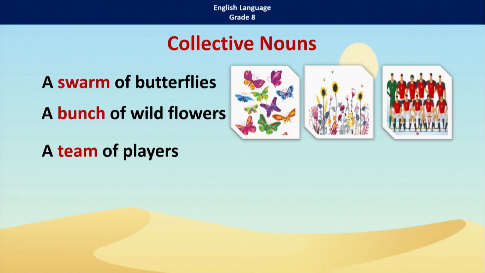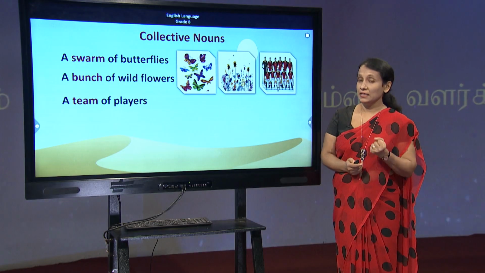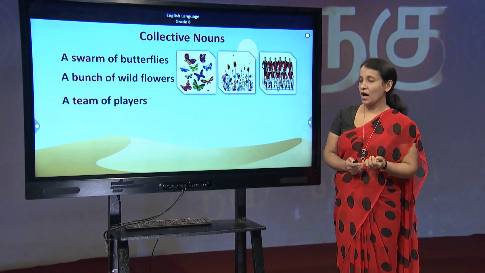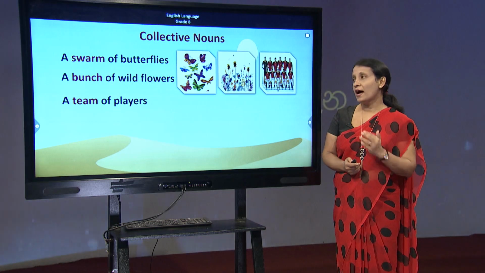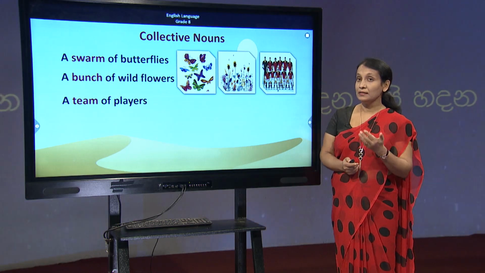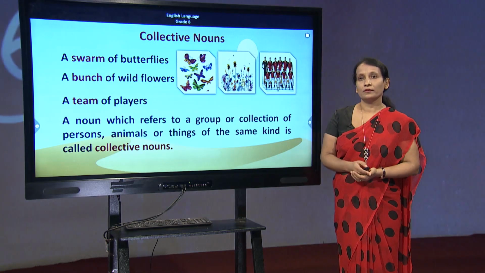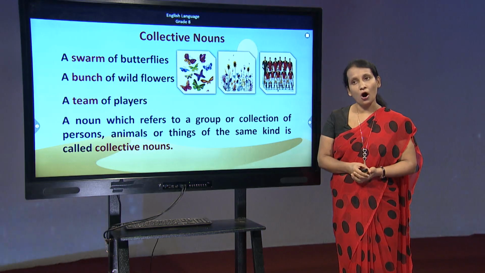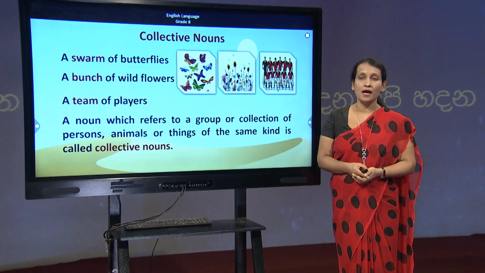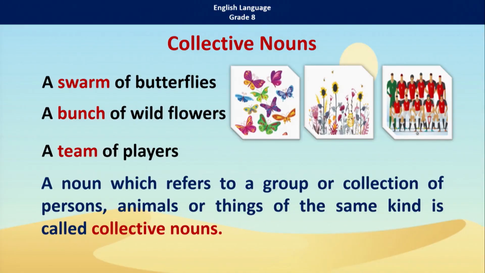Right? Now we are going to learn another type of nouns. What is that? It is collective nouns. Right. We earlier talked of count nouns and uncount nouns, and here this is collective nouns. A noun which refers to a group or collection of persons, animals or things of the same kind is called a collective noun.